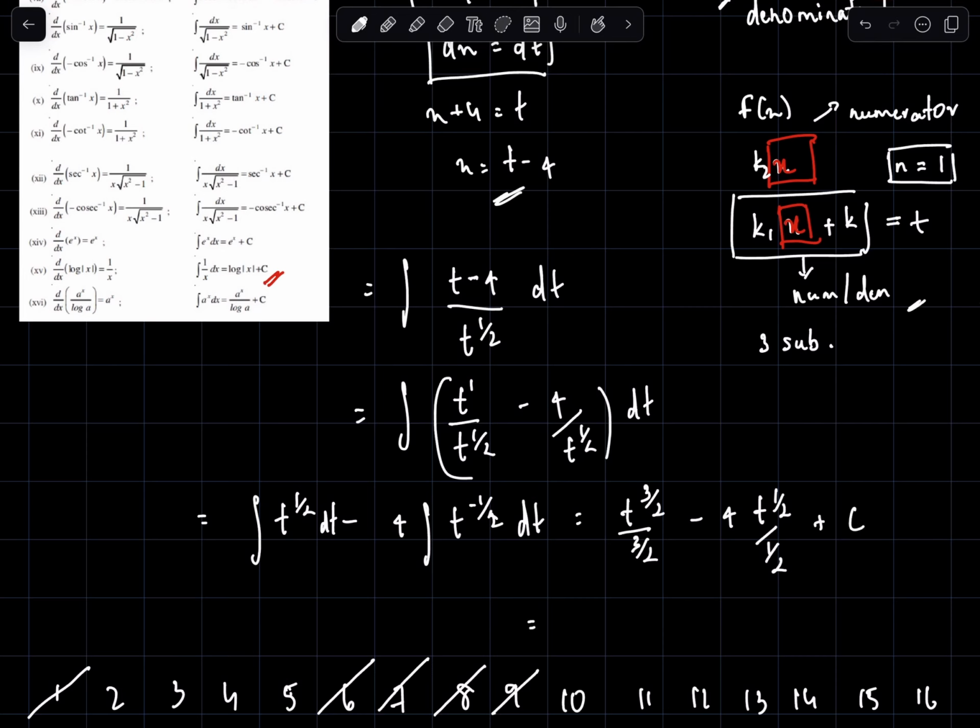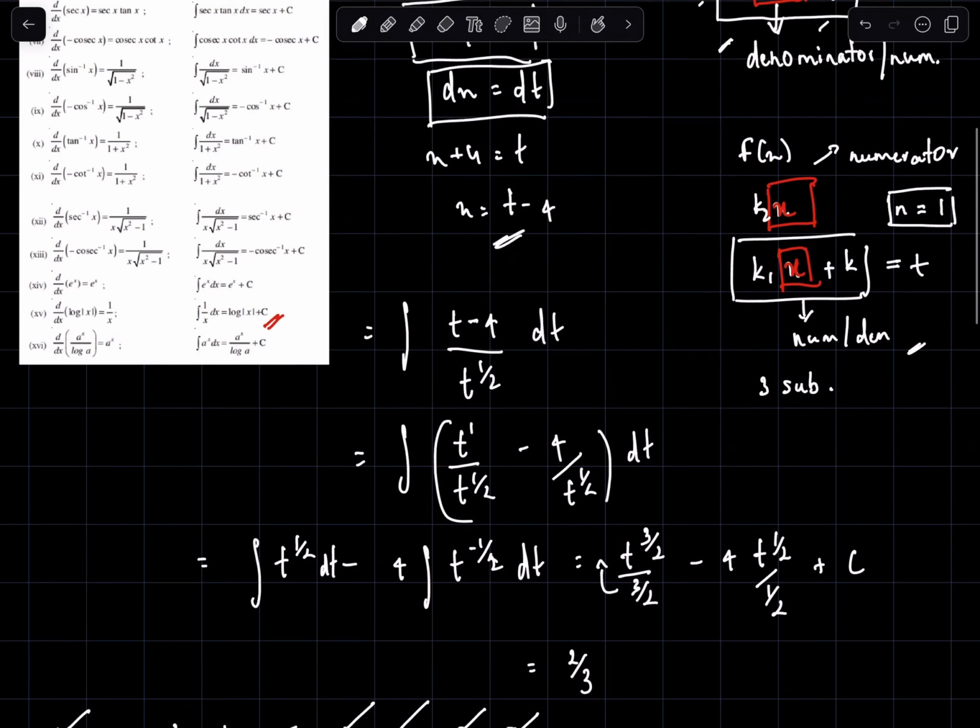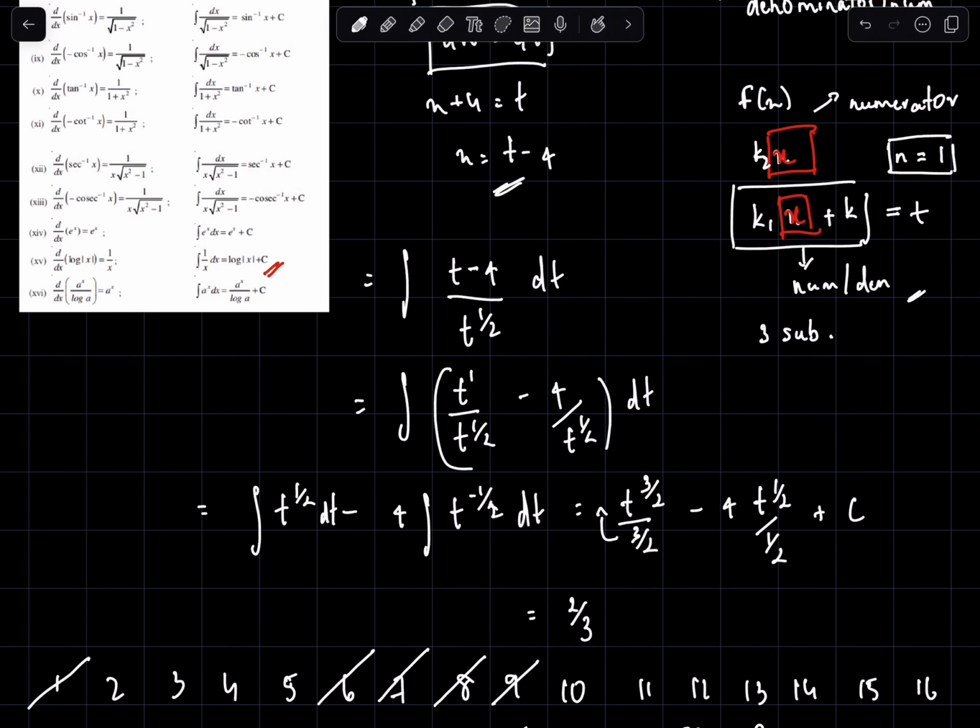So let's substitute and take everything out. If I bring this up, this becomes 2 by 3 times t raised to the power 3 by 2. So what's my t? My t is x plus 4, right? So x plus 4 raised to the power 3 by 2 minus, and if I bring this here, this would be 8 times t raised to the power half plus c.